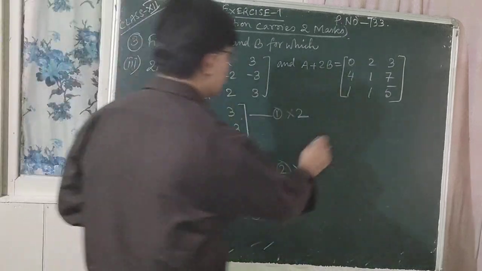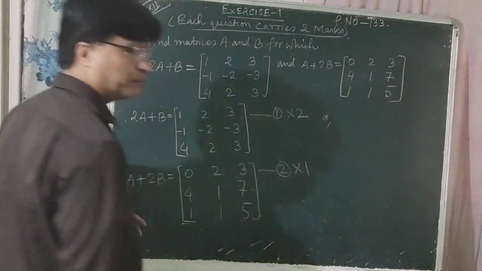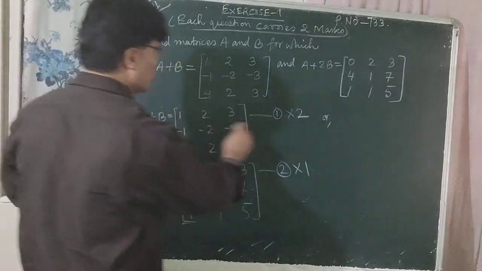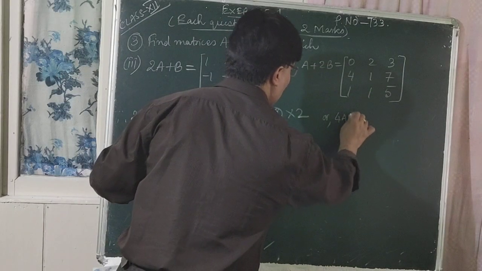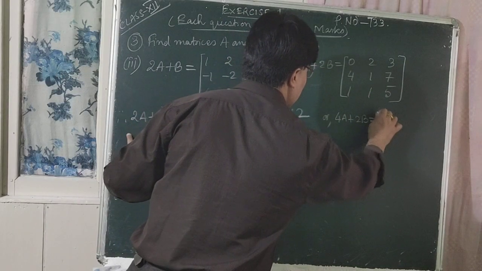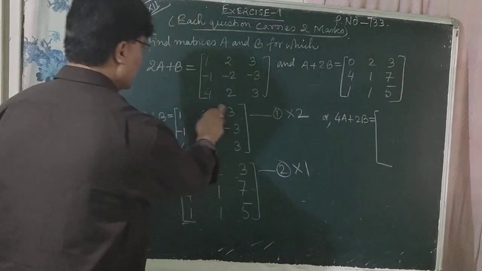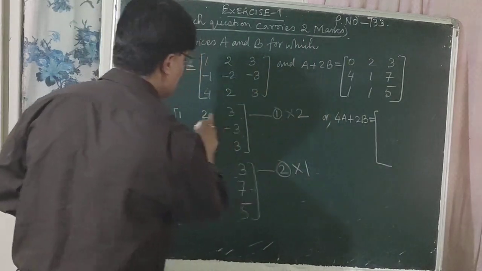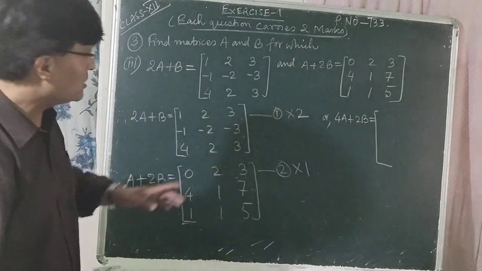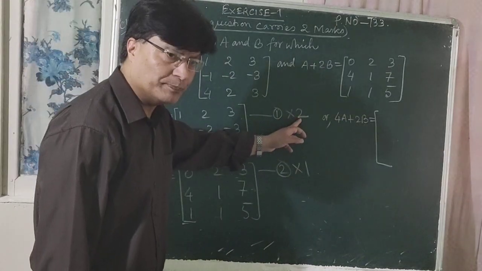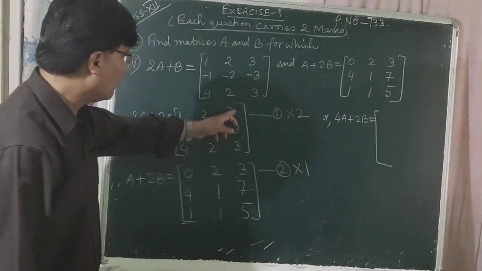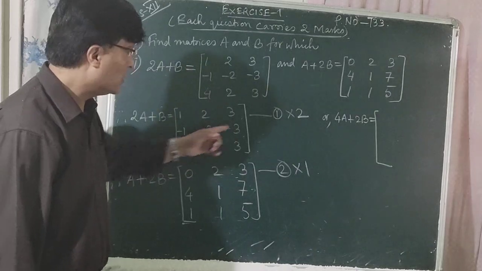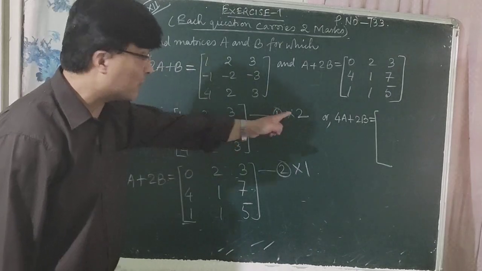Okay, so let us write it in the next step. What do we get? 2 2s are 4A plus 2B is equal to, now this matrix is the scalar multiplication of 2. So you have to multiply all these elements by 2 here.